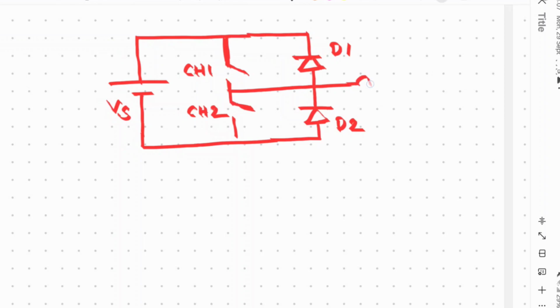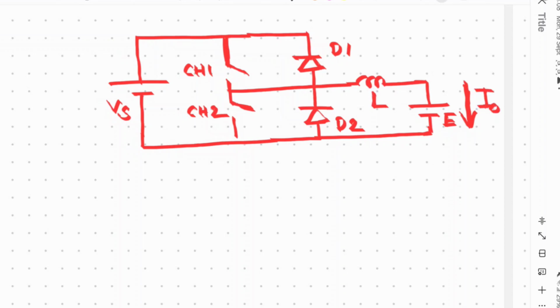One load is connected, an inductor is connected, and there is a source E. This is the direction according to the supply voltage. This is the direction of the output current, this is the inductor, this is switch 1, and this is switch 2. So this is the circuit diagram for class C chopper.